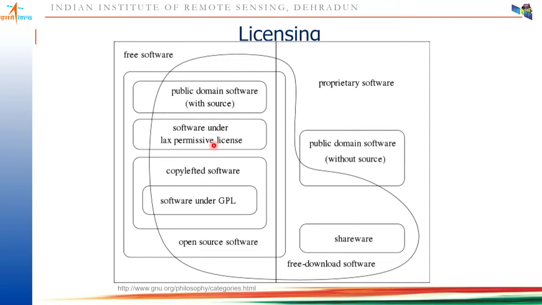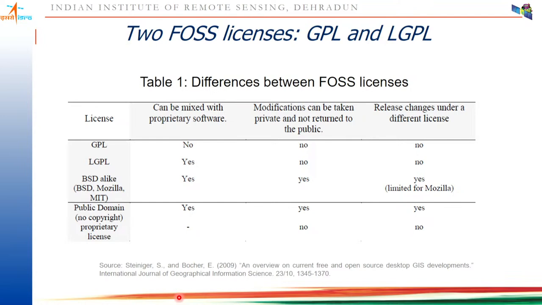GPL stands for General Public License. You can read more about all these on the GNU page and about the licensing philosophies. Now, let us go to the next slide, and this will help you relate to GPL and lax permissive and restrictive licenses.